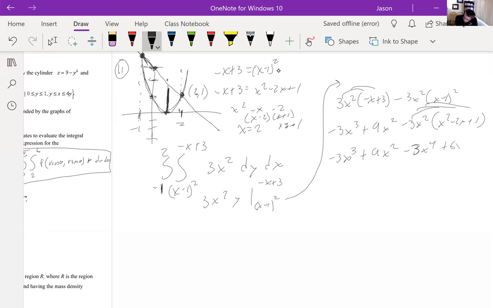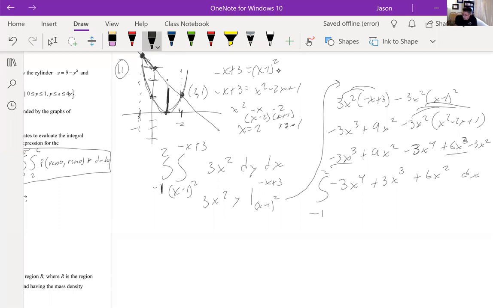Plus 6x cubed minus 3x squared. Okay. So this becomes, I'm going to put this in order, negative 3x to the fourth, plus 3x cubed, because that's going to combine with that, and then plus 6x squared, integrated from negative 1 to 2 dx.